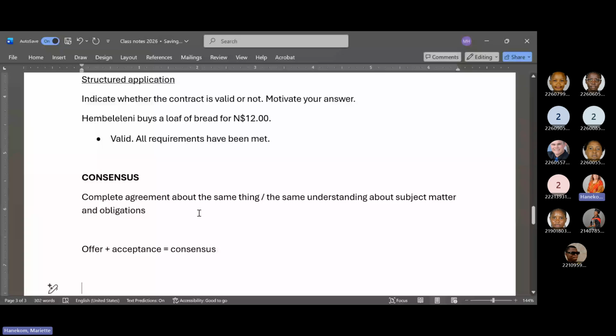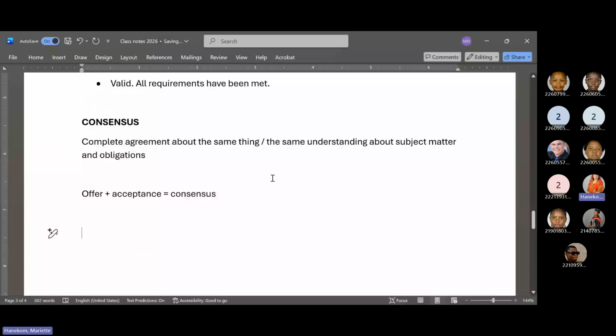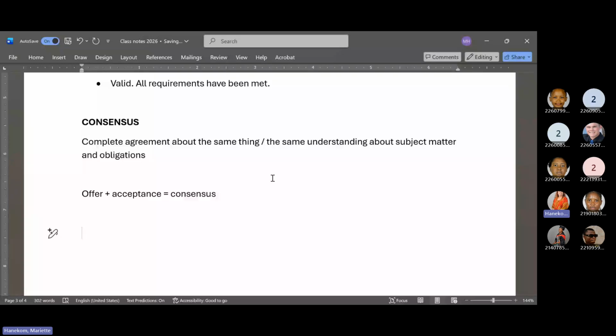Now, something you will realize as we go along with our study of law for the semester is that because it's law, there are always requirements. Everything in law has requirements.